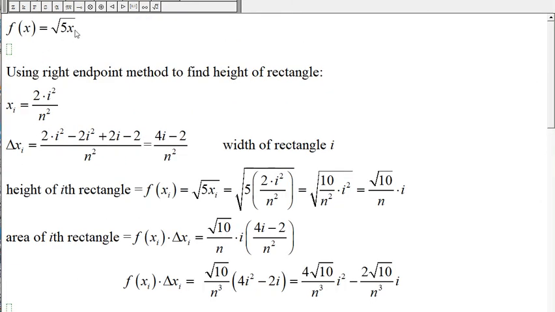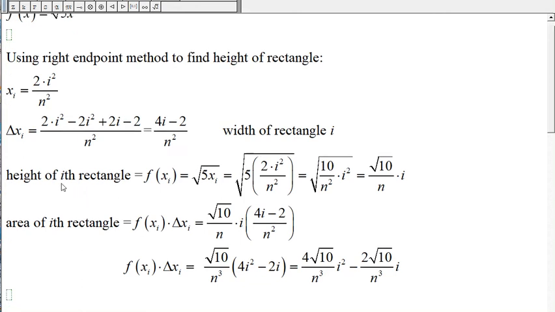And this is the function we're dealing with, and x sub i is 2 times i squared dividing by n squared. n is the number of rectangles, and the width of the ith rectangle is 4i minus 2 dividing by n squared.